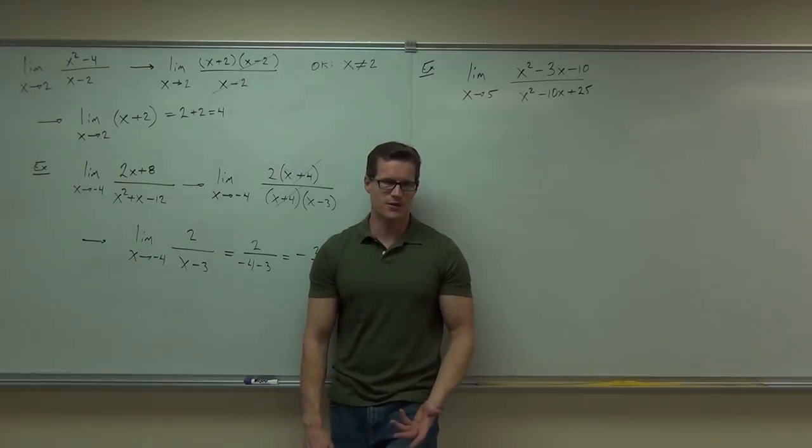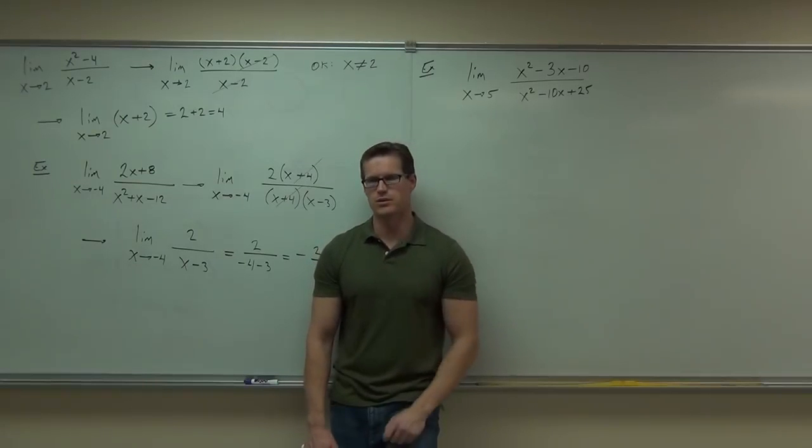Now, if you try the 5 here, do you have a problem? Okay. So if you do have a problem, then what do you do? Now you factor. So if you haven't factored already, go ahead and factor.